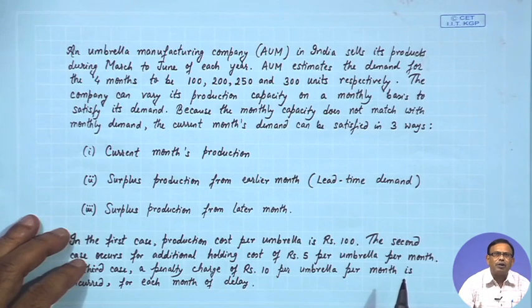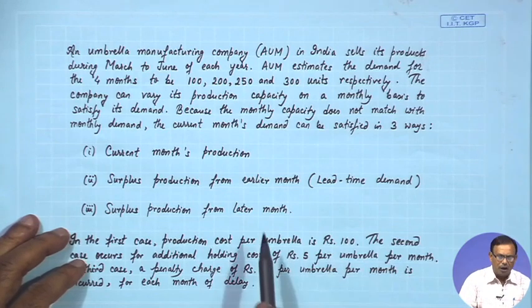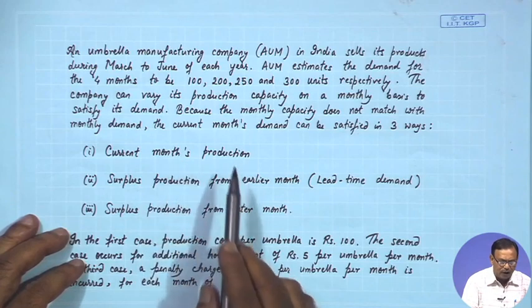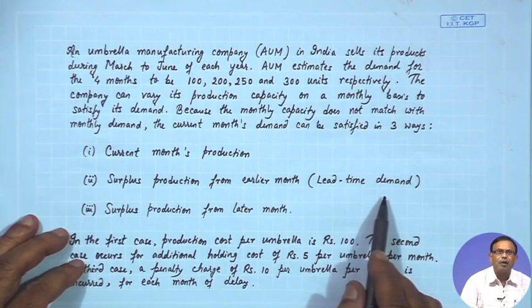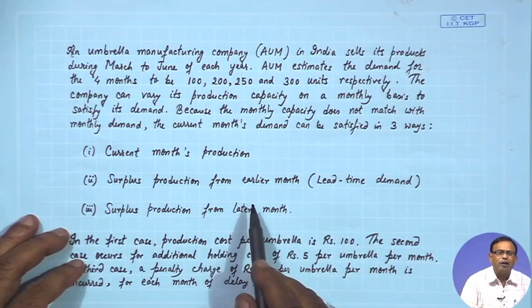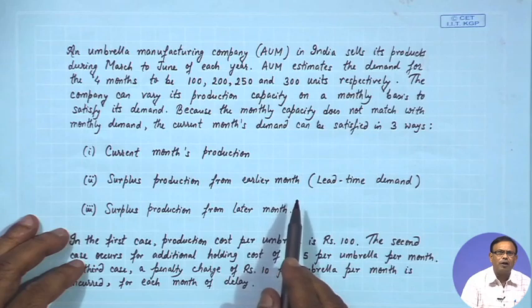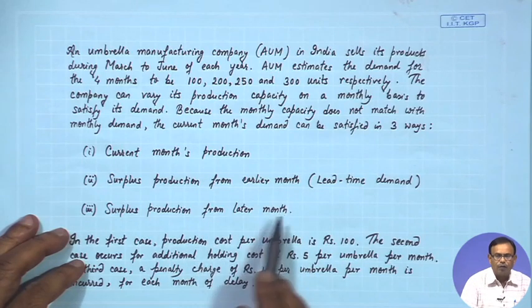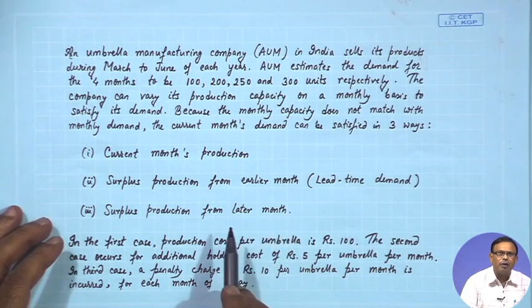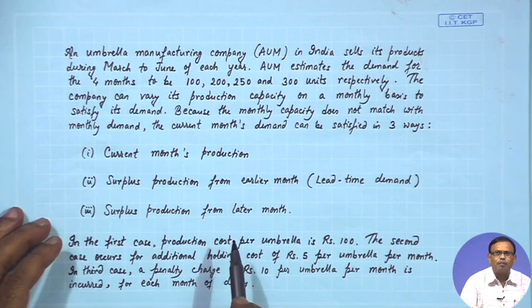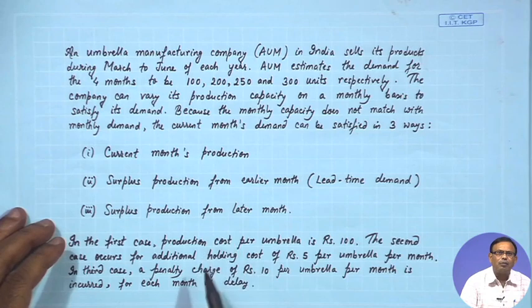Because the monthly capacity does not match the monthly demand, the current month's demand can be satisfied in 3 ways: current month's production, surplus production from an earlier month, which is lead time demand, that is, I have produced more and the demand was less, or surplus production from a later month, but I have to meet the demand. So, I can meet it from the current month's production, from surplus production from an earlier month, or from surplus production from a later month.